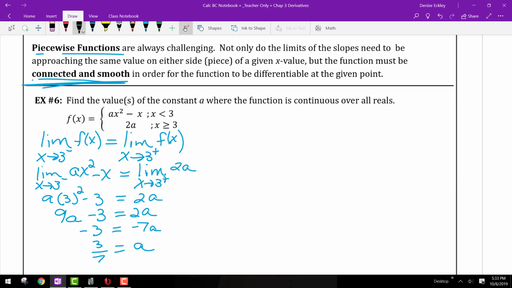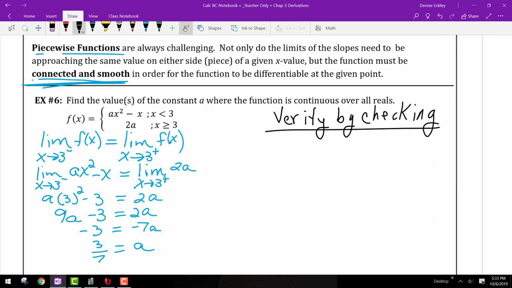So now let's verify by making sure that the function value and the left and right hand limits are all equal to each other. So starting with the limits. If we take the limit as x approaches 3 from the left, we're going to have 3/7 times x squared minus x.